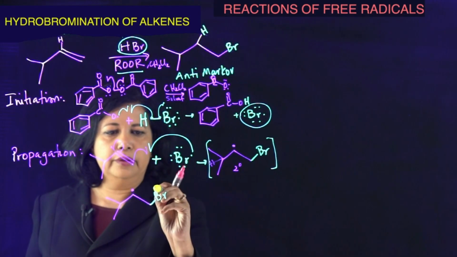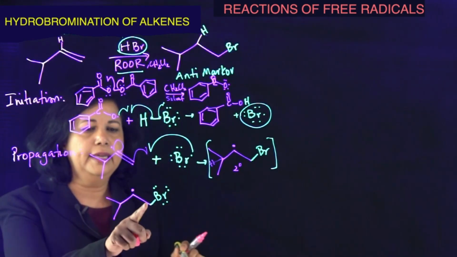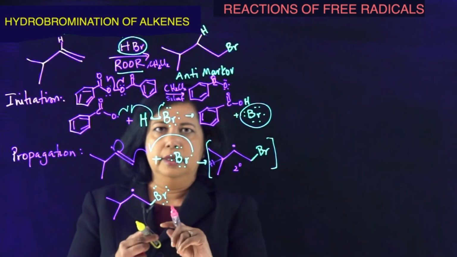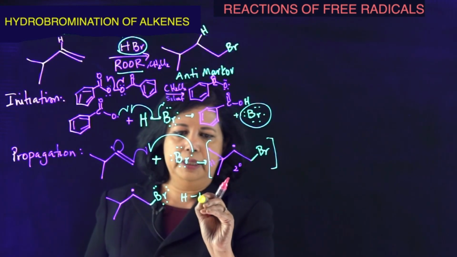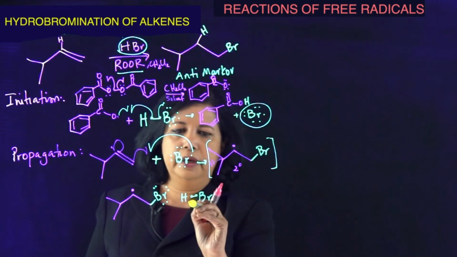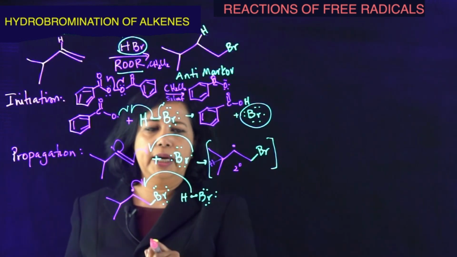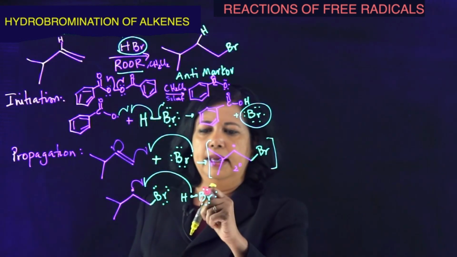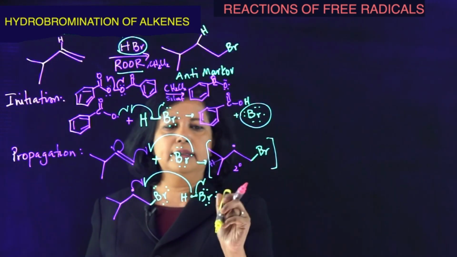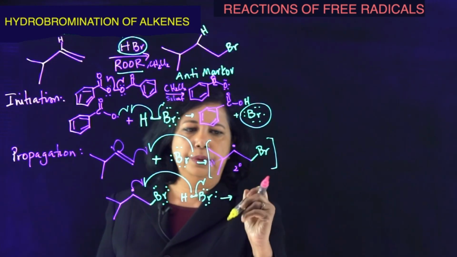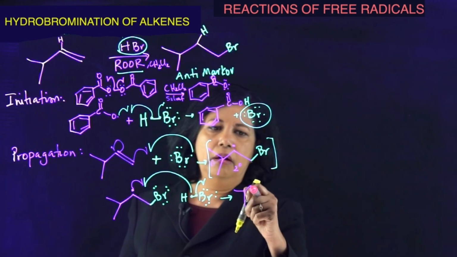This alkyl radical is then going to get even with HBr. Still mad at having been made a radical, these guys just hold hands and form a bond right here. And so you form another bromine radical, which you know is going to do the same thing all over again.